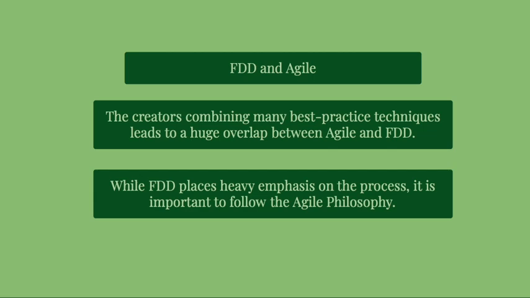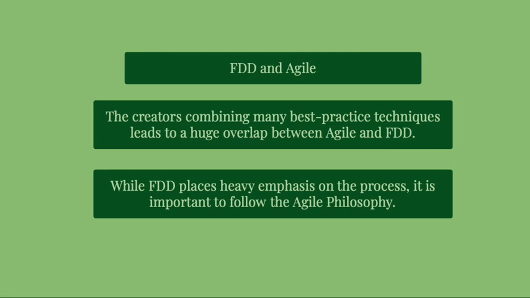Feature-driven development and Agile. Because the creators combined many best practices, there's a huge overlap between Agile and feature-driven development, but it's also worth noting that feature-driven development was created before the Agile Manifesto was written.